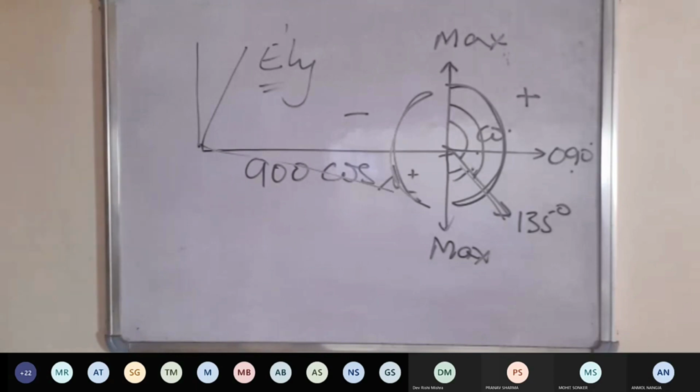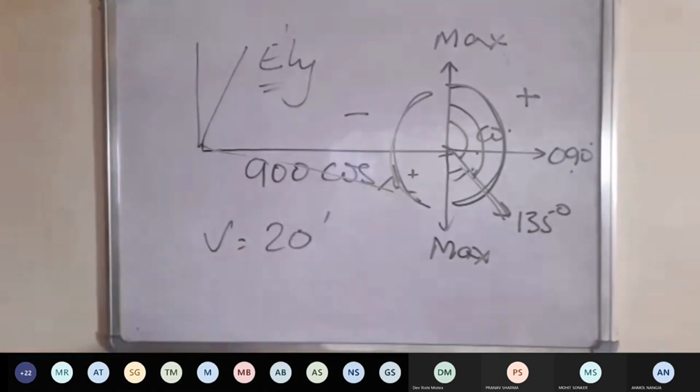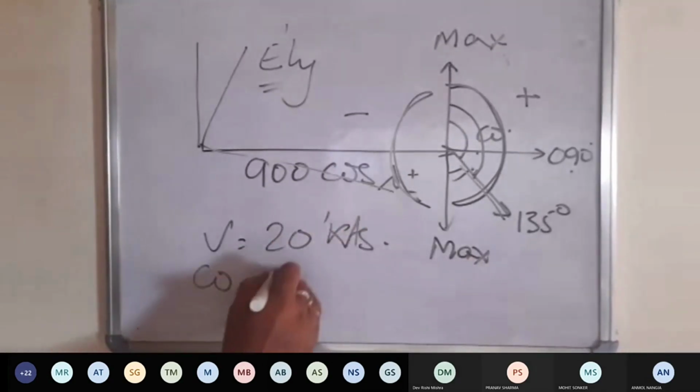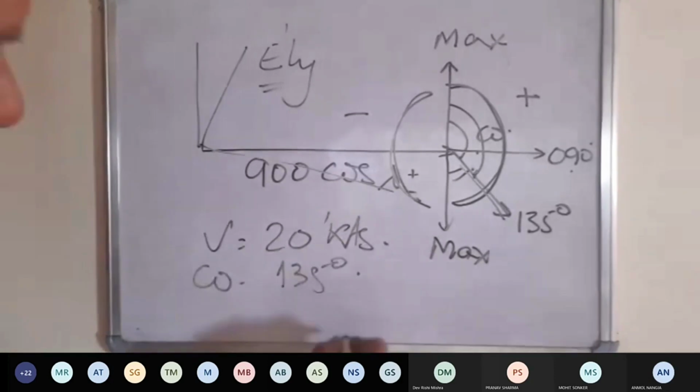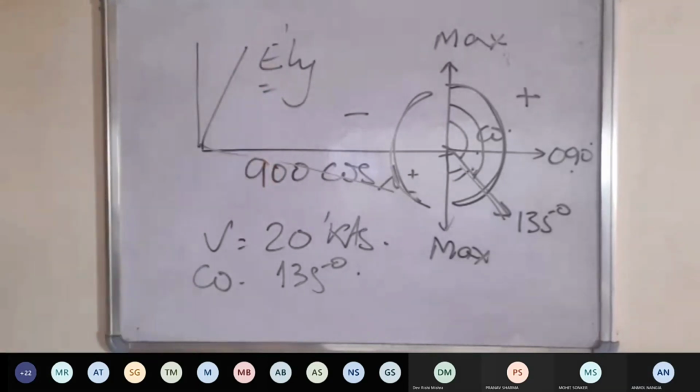Speed, let us say, is 20 knots. V is 20 knots. Course is 135 degrees. How much is the error and also the sign of the error? Of course, it is easterly, but I'm asking you.